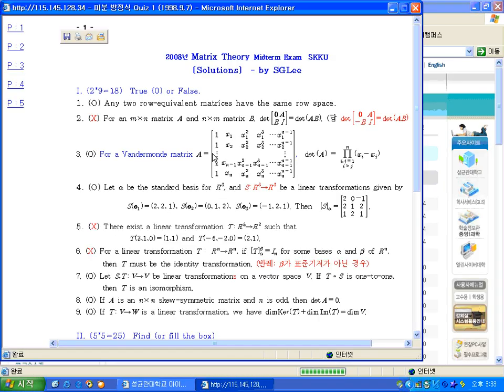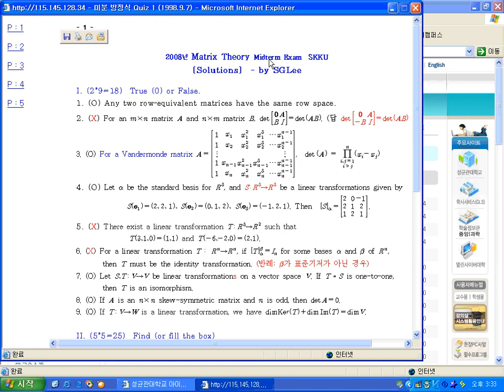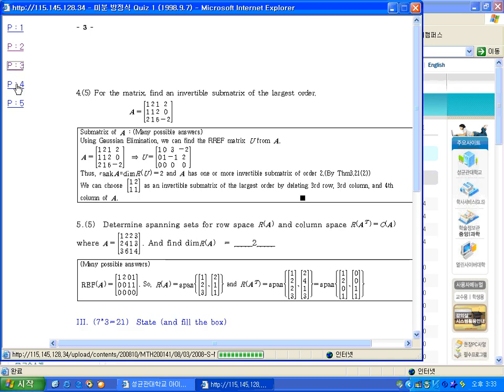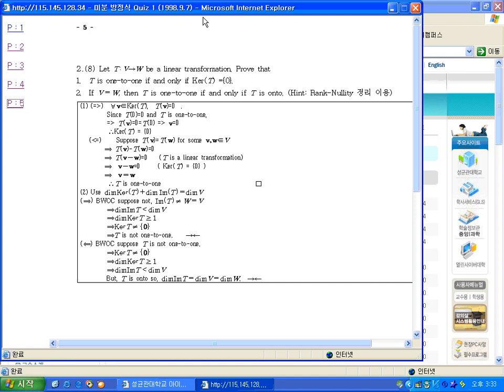And this is a sample examination that we had last year. This was the midterm examination of the previous year, and you will see what you're supposed to get prepared for.